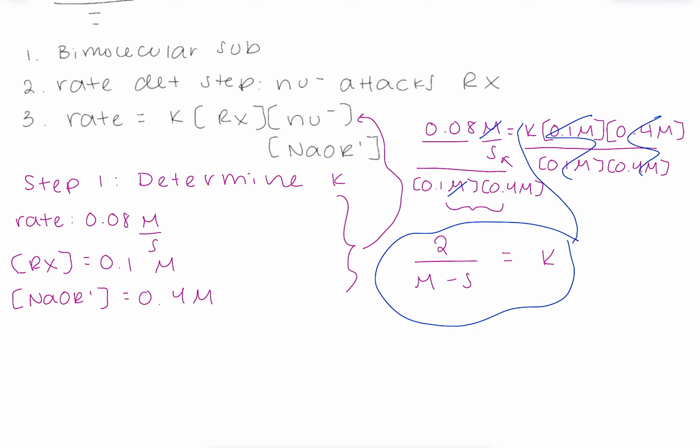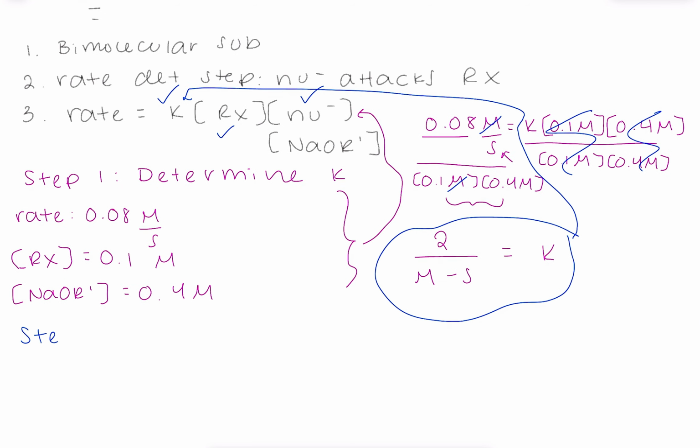Perfect. So step 2 is to now plug this into K here to determine the rate. Because now that we know K, we also know these concentrations, and we're able to find the rate. So step 2 is to calculate the rate.